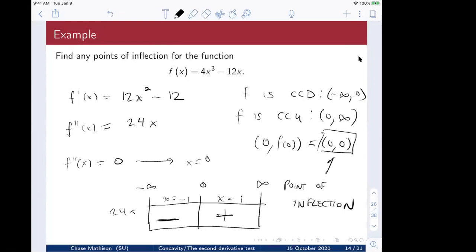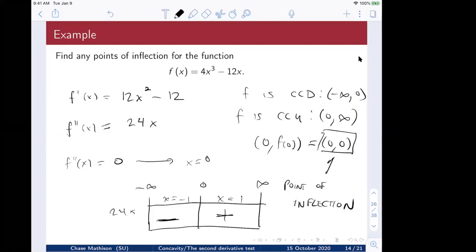So just to make it clearer for me, the point of inflection would essentially be where our relative maximum or minimum would be? That's a good question. Not necessarily. Actually, most of the time, a point of inflection is not going to be a relative max or relative min for f.